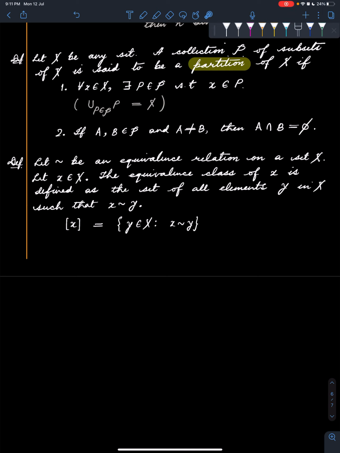If such a thing happens, then we put a tilde at the bottom also, just to emphasize which relation we are using. So for instance, one could be using a tilde and some other symbol at the same time. When there is no confusion, we don't do that. We just put this bracket and understand that we're talking about the equivalence class.